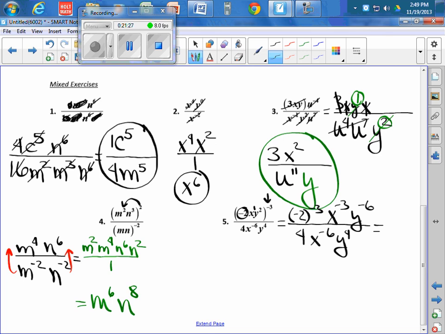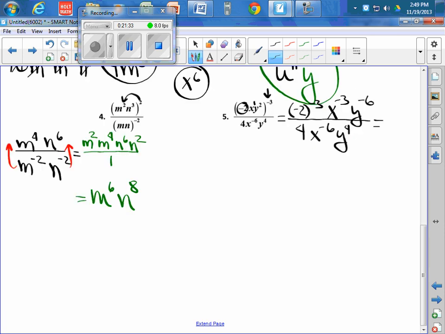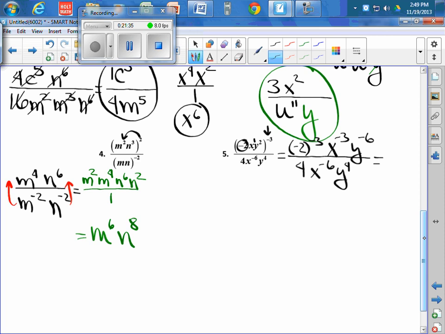Now I get to move negative exponents. What do you need to start with? Write a fraction bar. So negative 2 to the negative 3 becomes negative 2 to the positive 3. The 4 stays there. Alphabetical order, right?